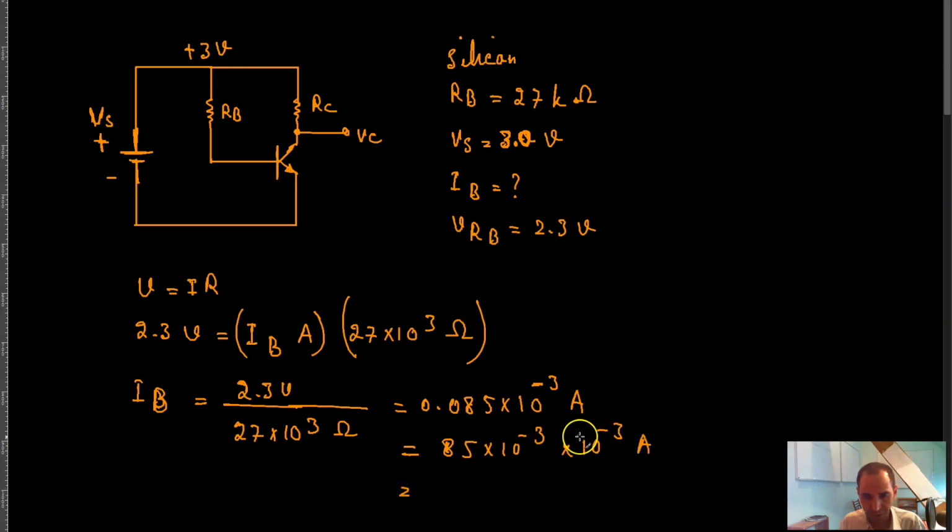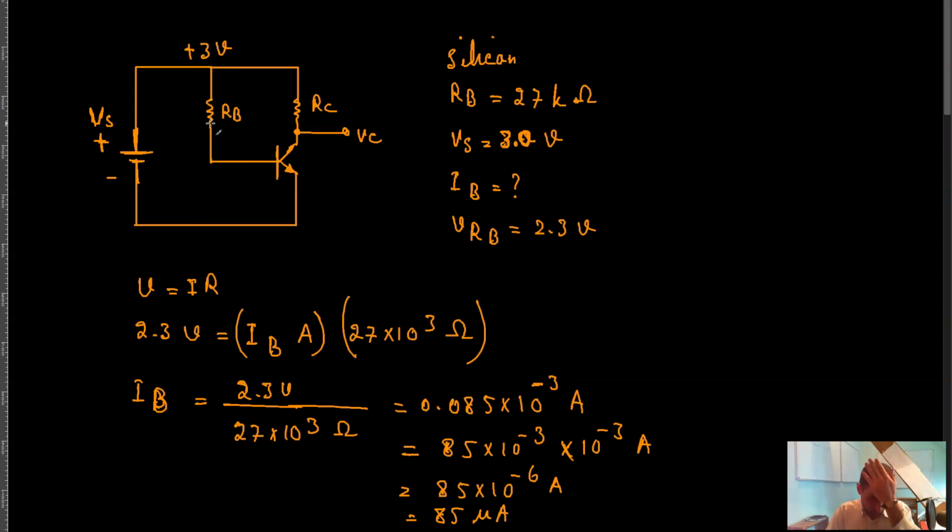Now 10 raised to the power negative 3 times 10 raised to the power negative 3 is 10 raised to the power negative 6. So that's 85 into 10 raised to the power negative 6 amps, which is equal to 85 microamps. Micro is the same thing as 10 raised to the power negative 6. So that's how you calculate the base current in this transistor.